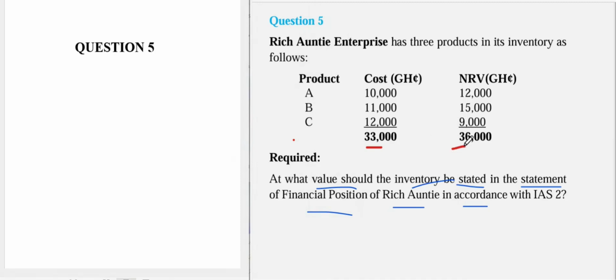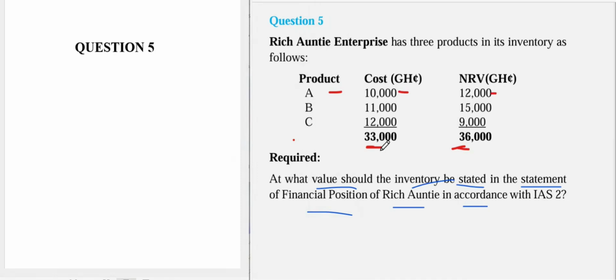But what we've learned from the previous video is that to value inventories, we have to do it on a line-by-line basis. It means that we don't pick the total cost 33,000 and compare it with the total NRV 36,000. We have to do it line by line. If you pick product A, compare its cost with its NRV. When you pick product B, compare its cost with NRV and pick the lower.